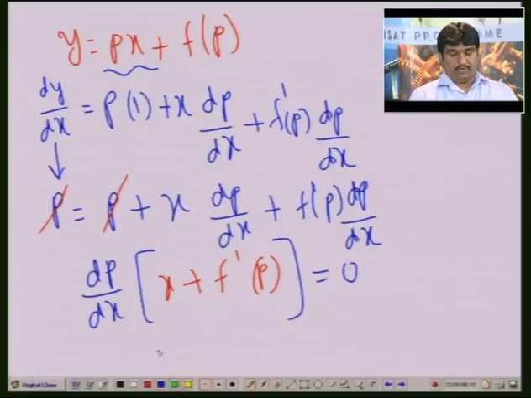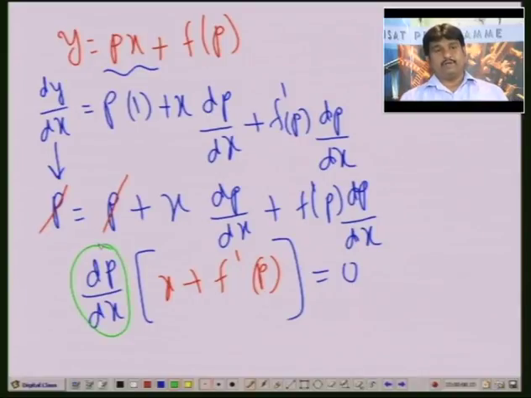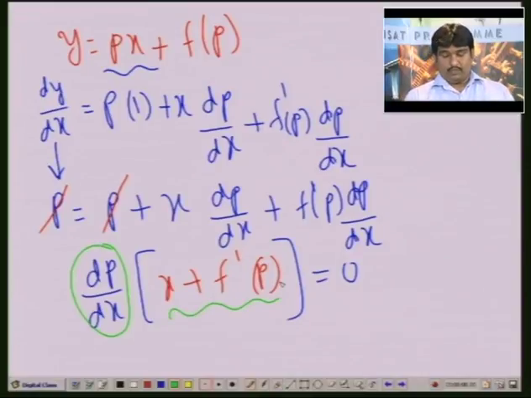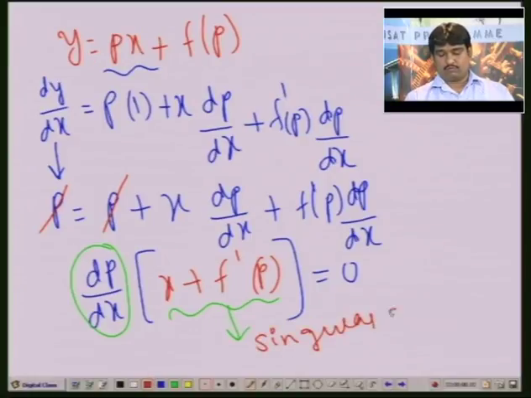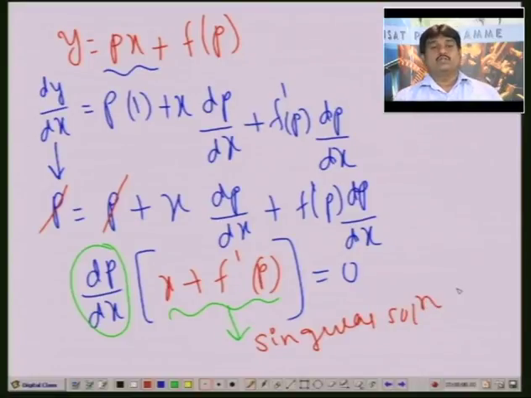If we equate the factor dp by dx to 0, we get the general solution, and if we equate x plus f dash of p to 0, we get the singular solution. We get the singular solution from this. So it's a factor free from derivatives.